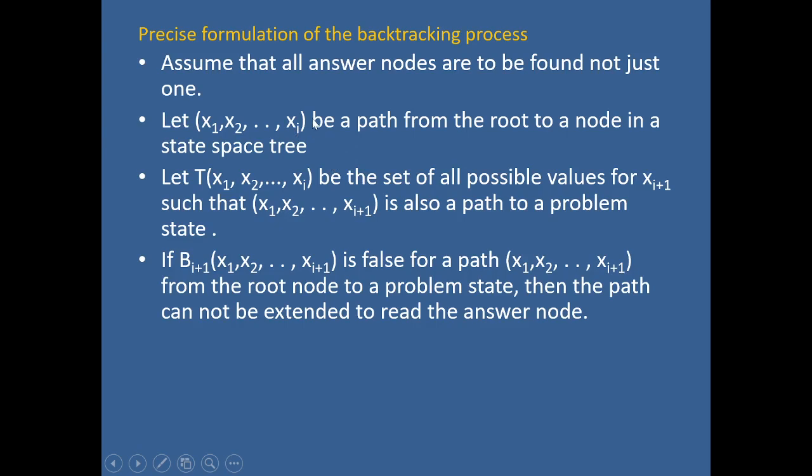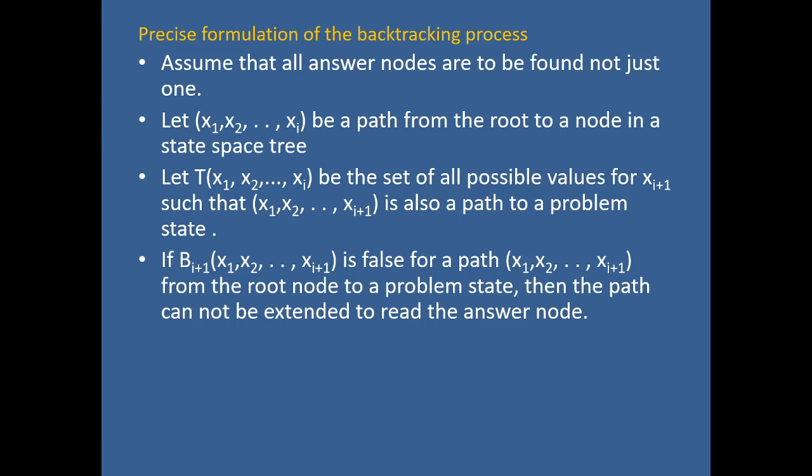To find the i plus 1th value, you will use all these previously calculated values, and you will see whether you can put this value in the i plus 1th location or not. After identifying the i plus 1th location's value, you will check the bounding condition.